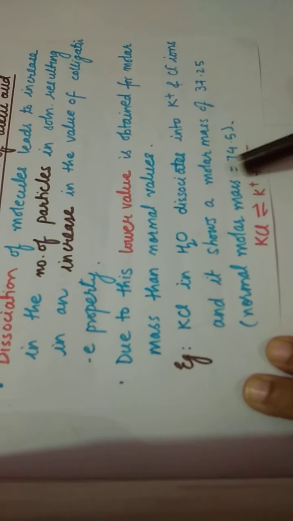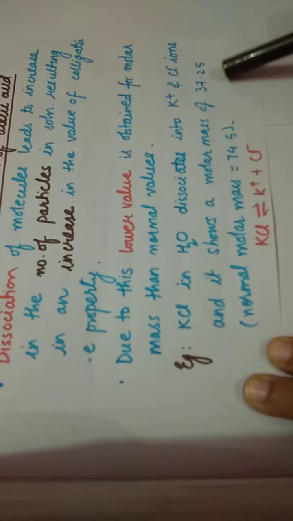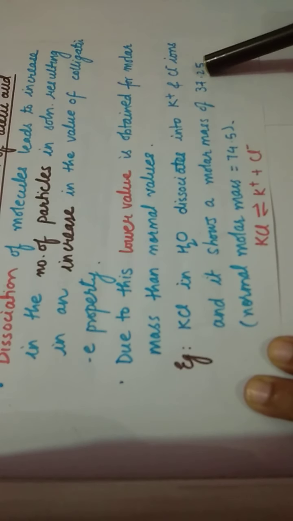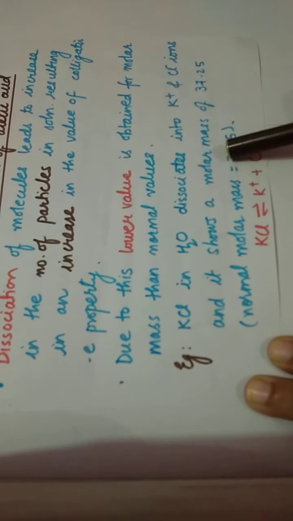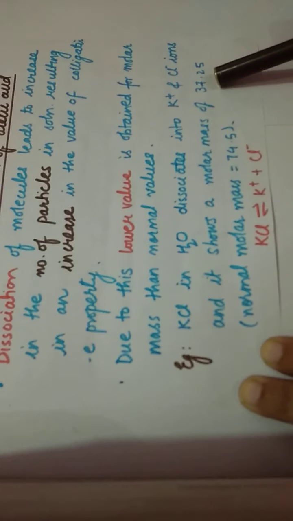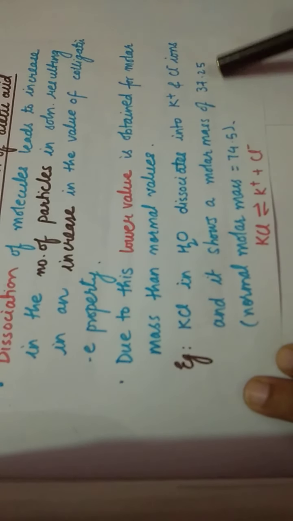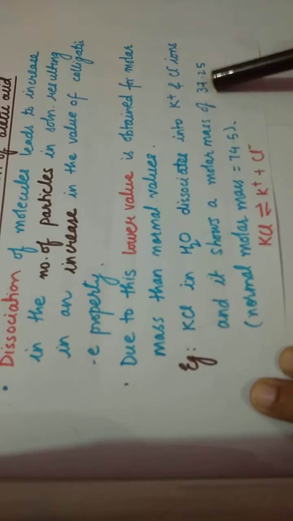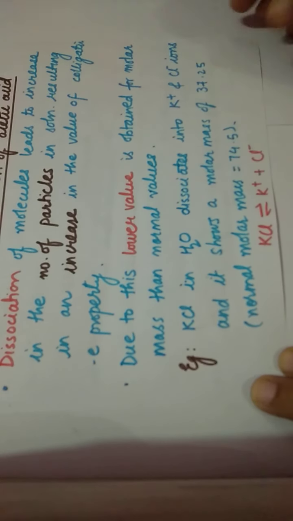So after its dissociation its molar mass decreases because colligative property increases. So before dissociation the normal molar mass of KCl is 74.5, and after dissociation its molar mass decreases, that is, it becomes 37.25 grams. So that is what is abnormal molar mass.